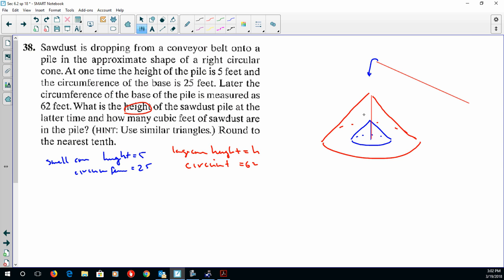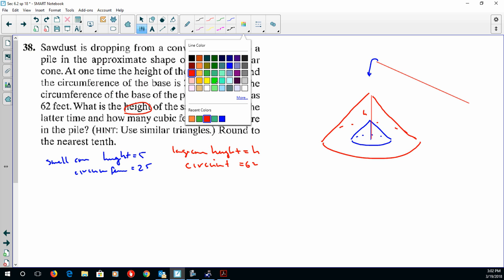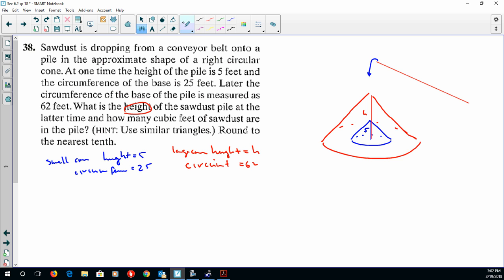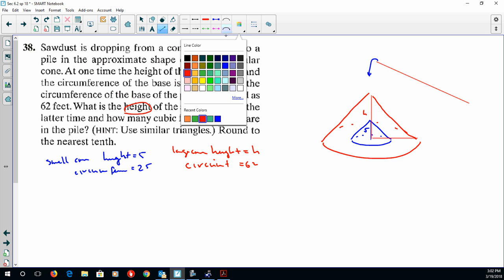Now, it says use similar triangles. Well, I don't see a triangle here unless we do the triangles that go along the base of the cone. In those cases, your triangles are going to have a height.